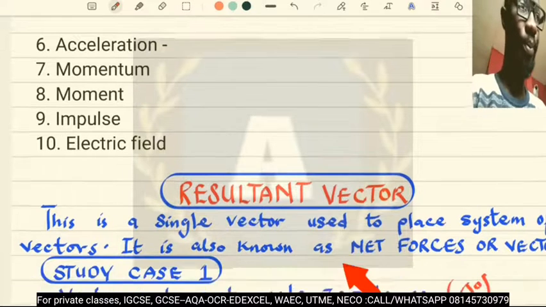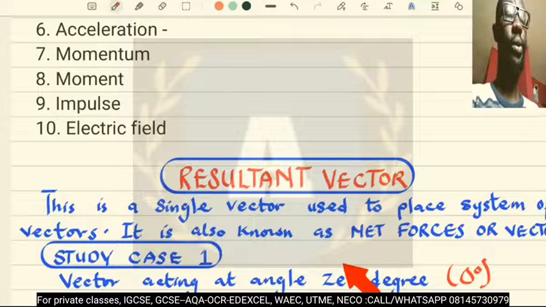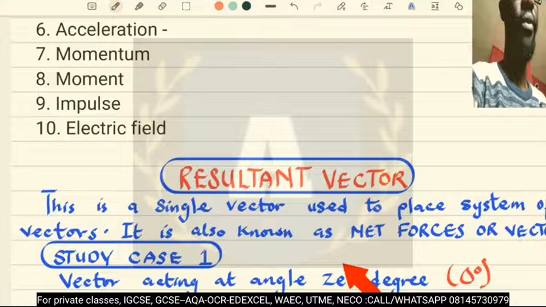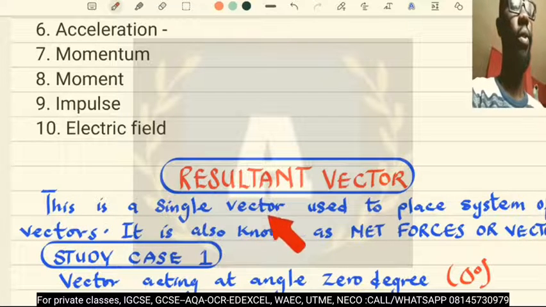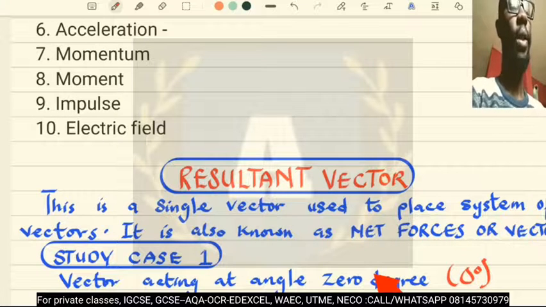We're going to look at different cases, different scenarios, different conditions of how questions could be asked when it comes to resultant vector. Don't forget the definition again: a single vector used to replace systems of vectors, also known as net force or net vector.